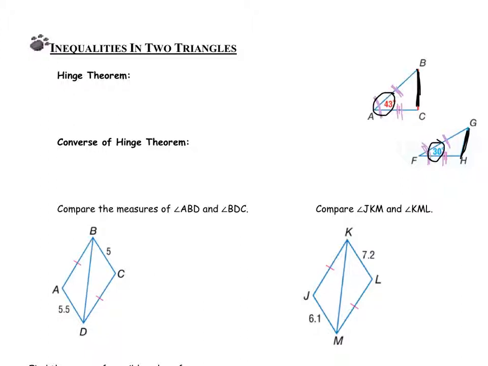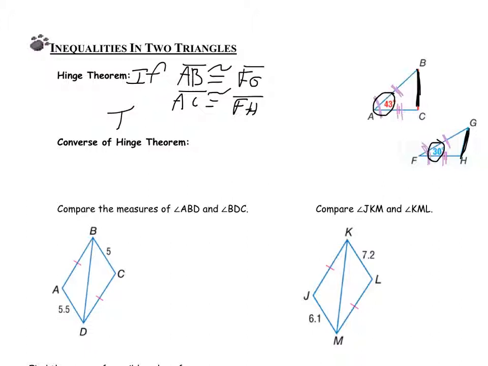So an example with this hinge theorem: if segment AB is congruent to segment FG, and segment AC is congruent to FH, which were already marked as congruent, then, I'm sorry, not yet then.